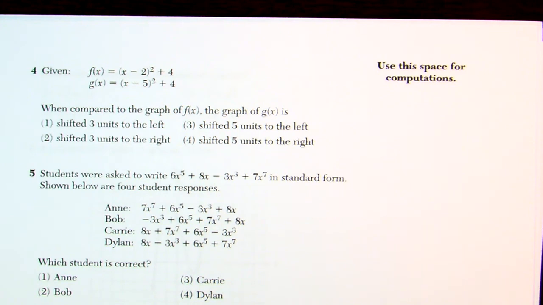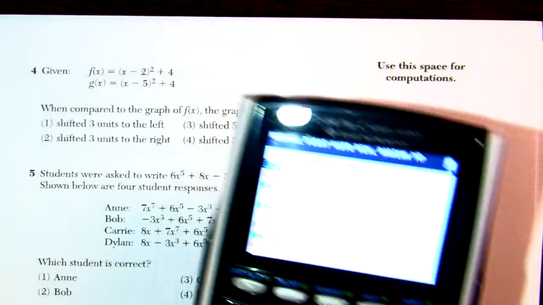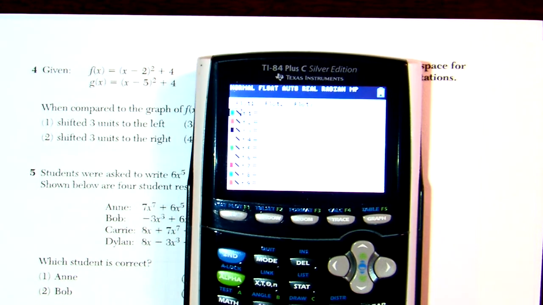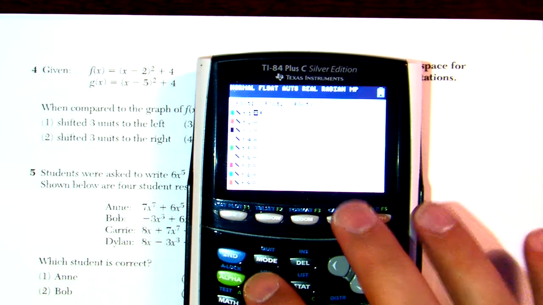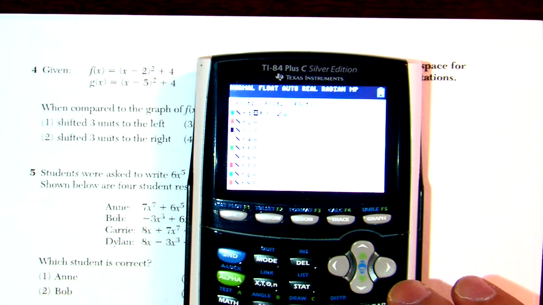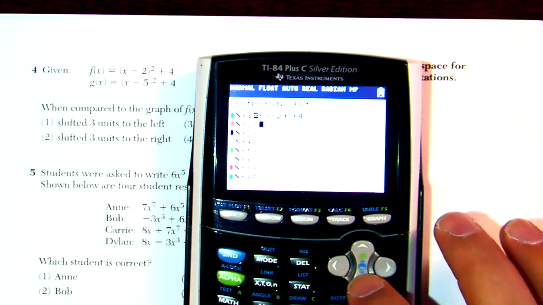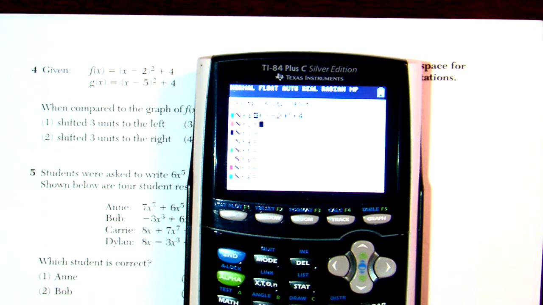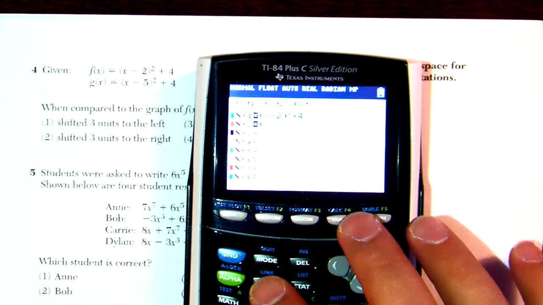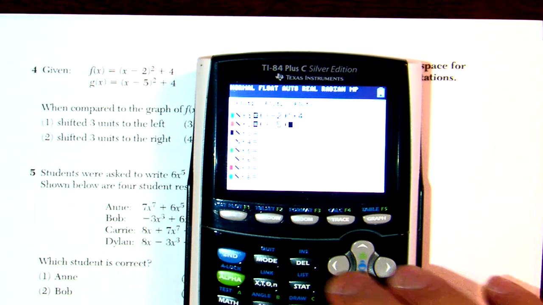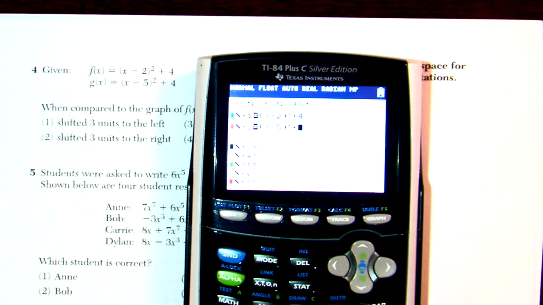Okay, so I'm just going to erase everything in it. Let's plug everything in. We have f of x being x minus 2 squared plus 4, and over here we'll have x minus 5 squared plus 4.